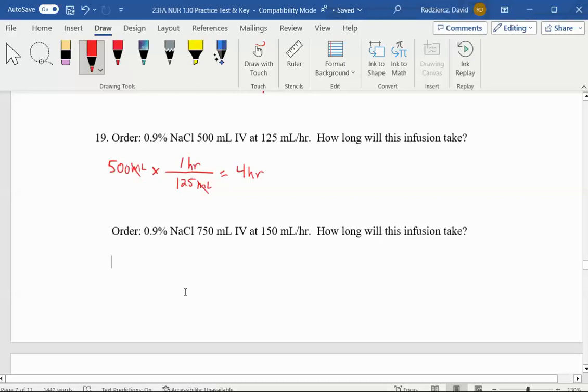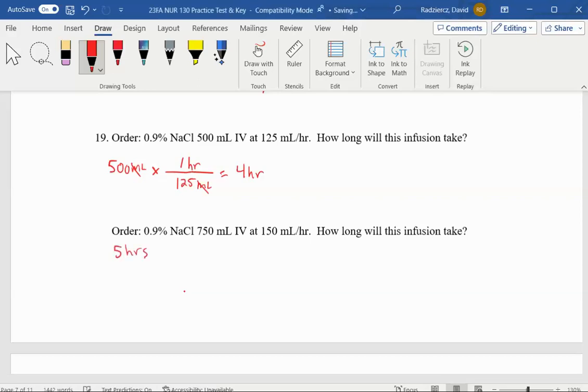Good. So those of you who are getting 5 hours, that is correct. All you would do is take 750 mL, divide by 150 mL per hour, and you're going to get 5 hours.